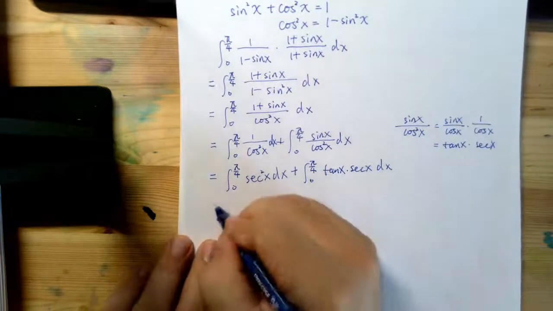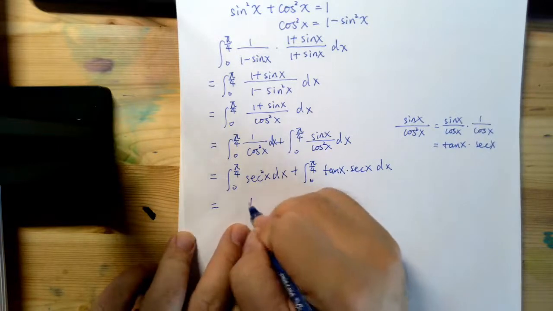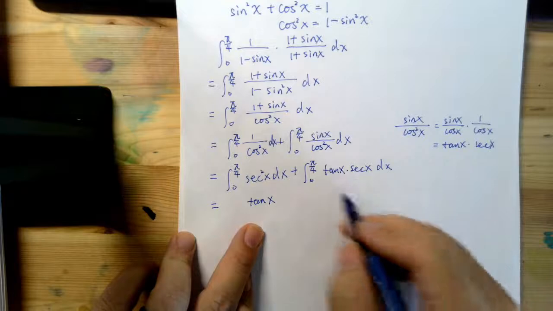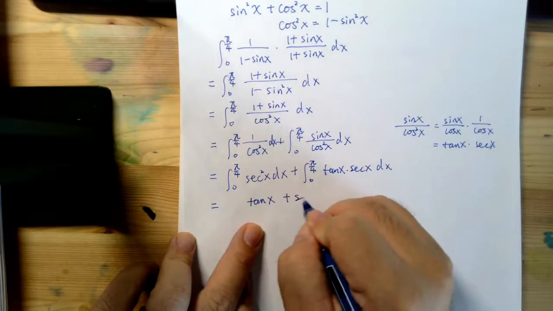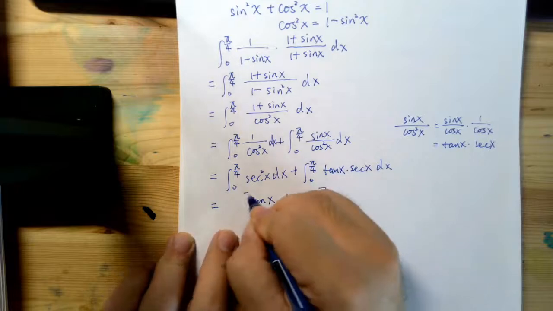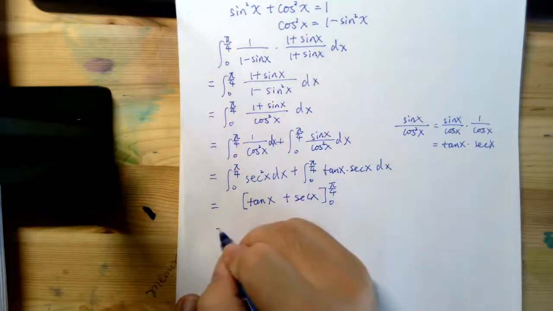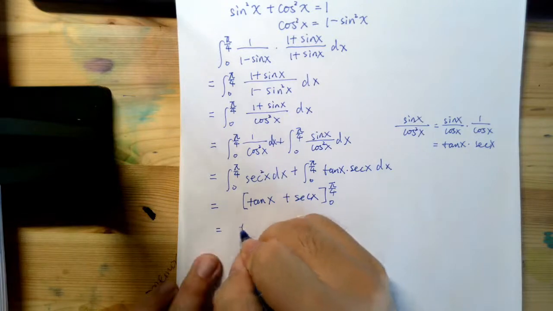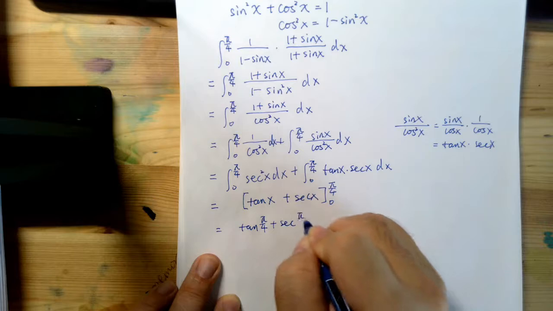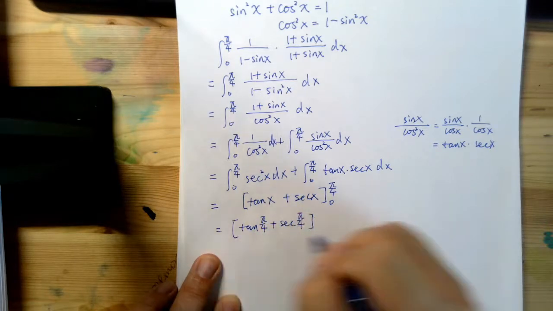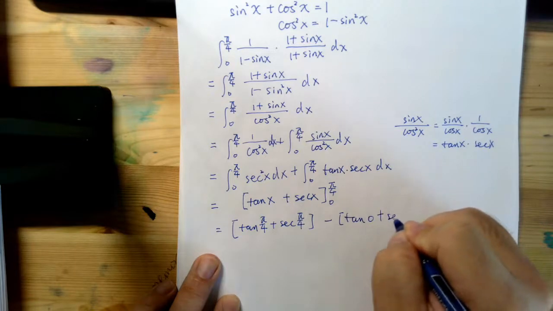Now, it turns out the antiderivative of secant squared is tan x. The antiderivative of tan x secant x is secant x. And then we evaluate from 0 to pi over 4. That gives tan pi over 4 plus secant pi over 4 minus tan 0 plus secant 0.